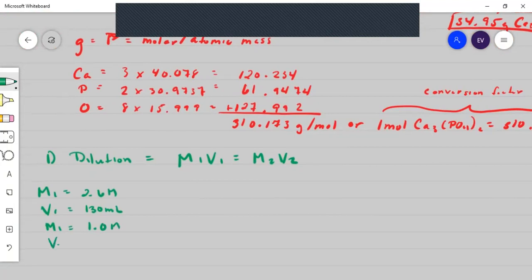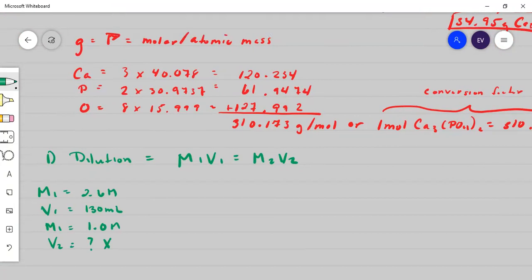I have to figure out what that final volume is going to be. This is my unknown, so I'm going to put that as X. I have all these values, and I have to figure out what my final volume is going to be, and I'll explain why I know it's the final volume. So I need to solve for V2. M1V1 is equal to M2V2.